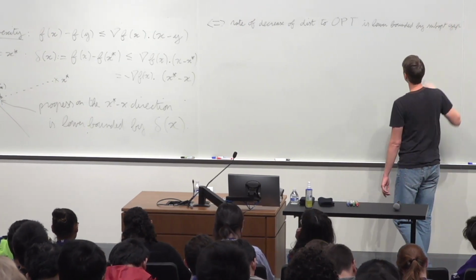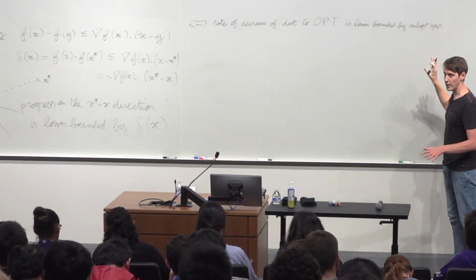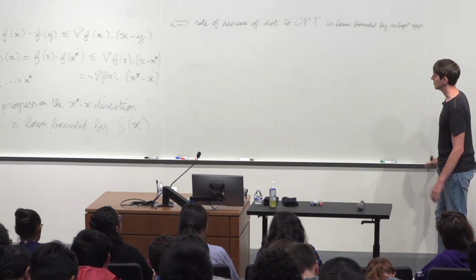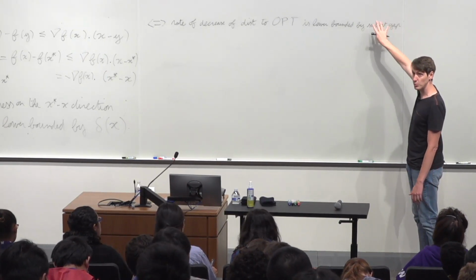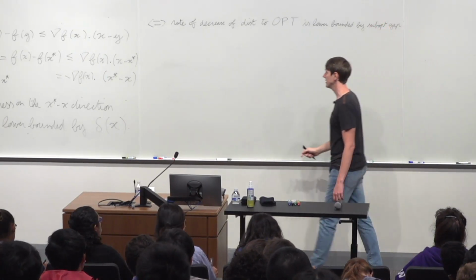Sometimes I will call x star opt. So all of these were English words, so I'm trying my best to not write down an equation immediately, but there is a very simple equation that witnesses this sentence, and it goes like this.